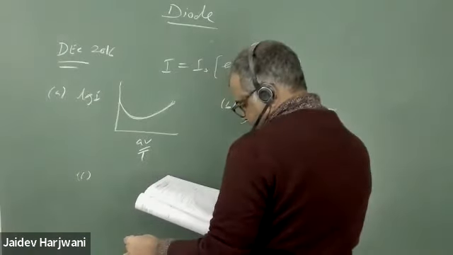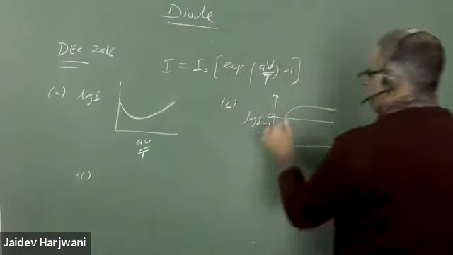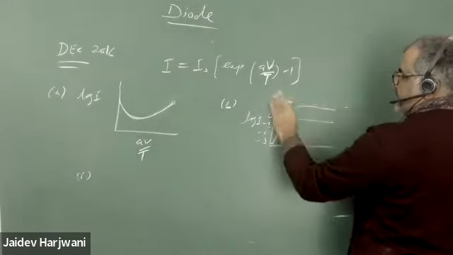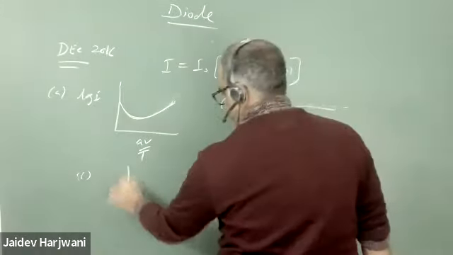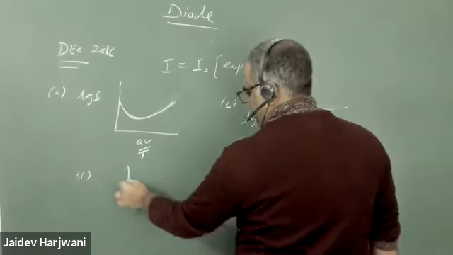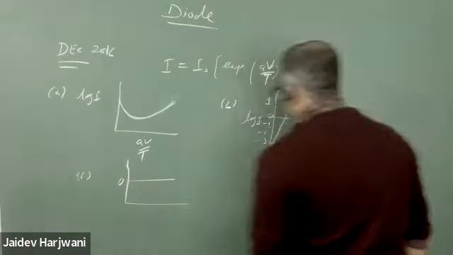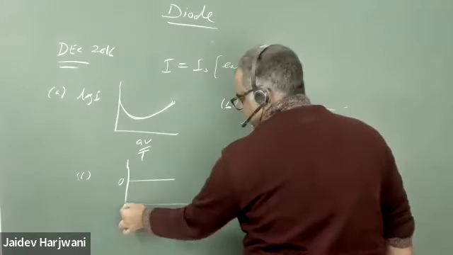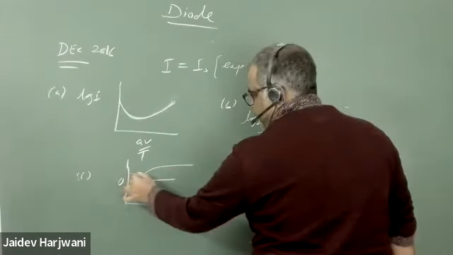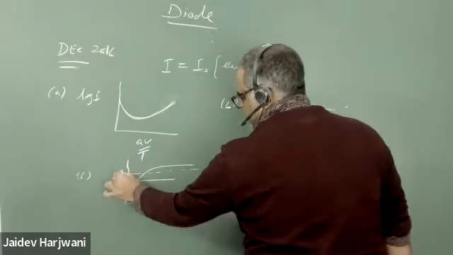The third graph is also log I, and this is getting at 1. The third option again has a 0 line. This time it is increasing, but going above 1.